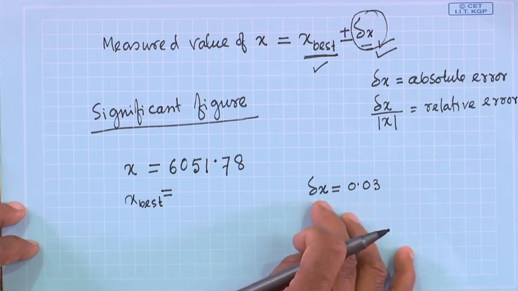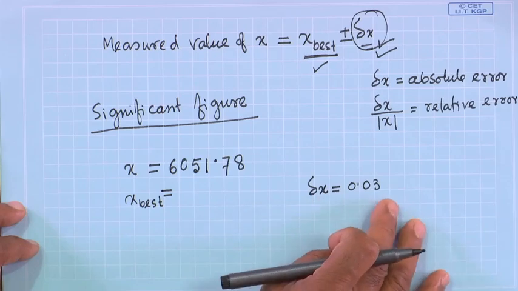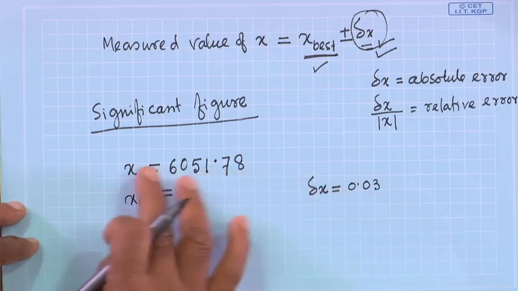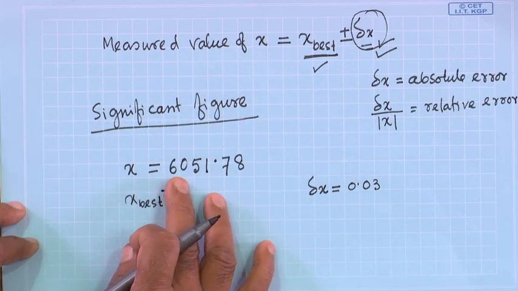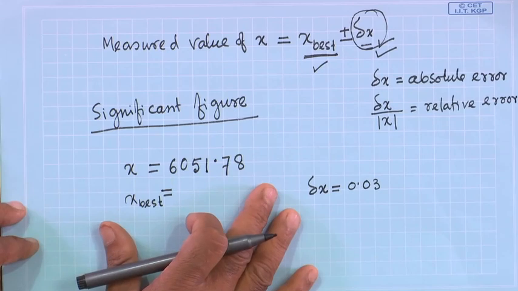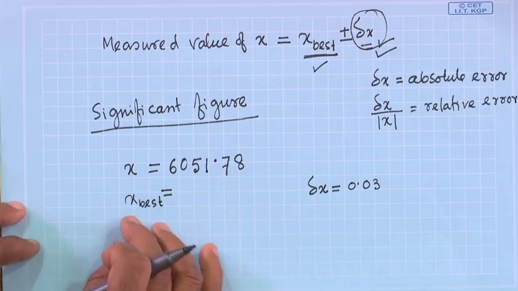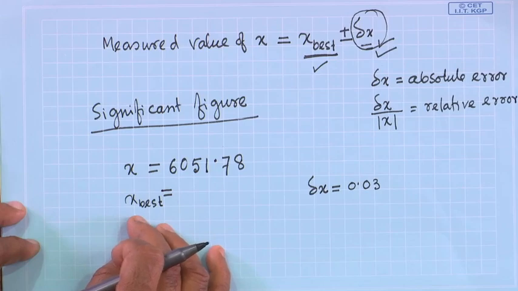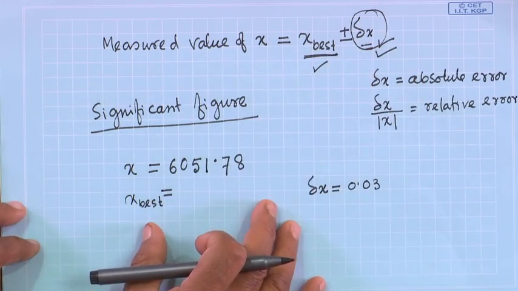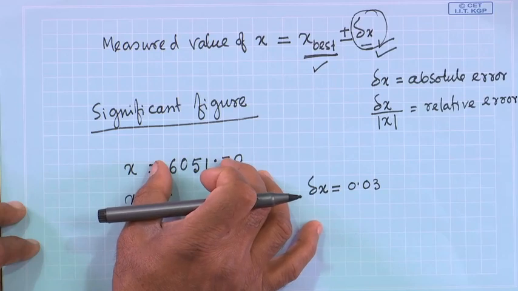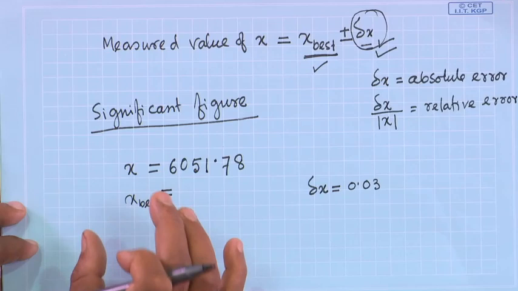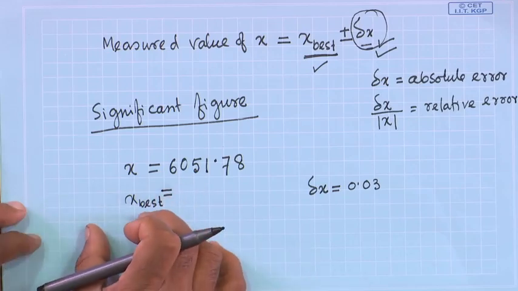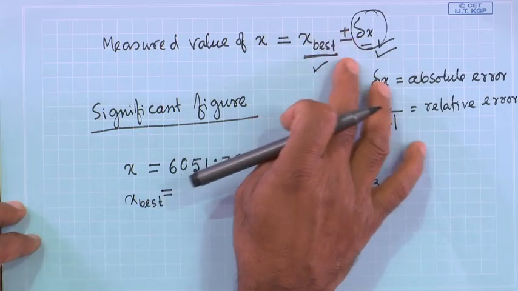So, if this uncertainty, absolute error, is 0.03 and you have calculated your measured value of x as 6051.78, now how to write this x best plus minus delta x? Both value x and delta x are available. Now, we have to write our final result in terms of x best plus minus delta x.